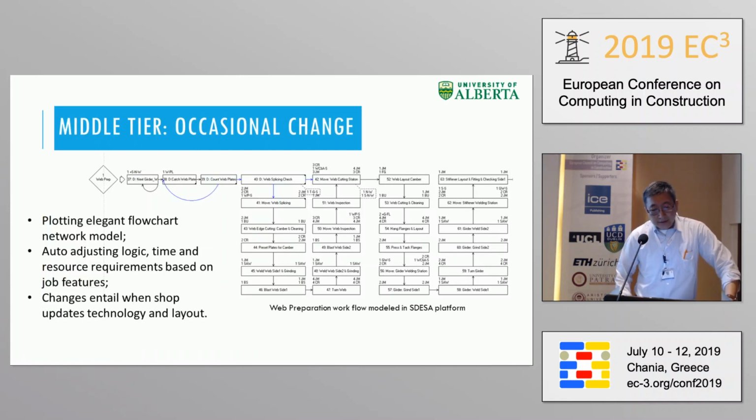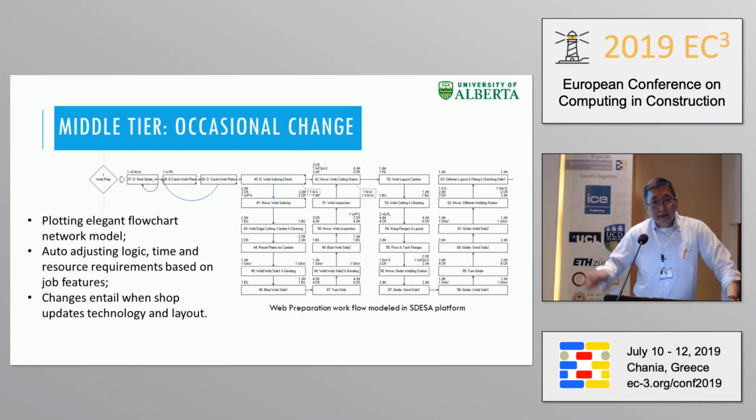Okay, so the middle tier for this fabrication shop basically provides a drawing board. It's like a whiteboard just to map out all the activities, the layout, the resource use requirements for the fabrication shop. That doesn't change often until the shop updates the technology and the configuration.